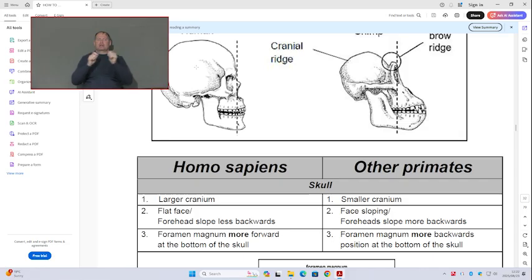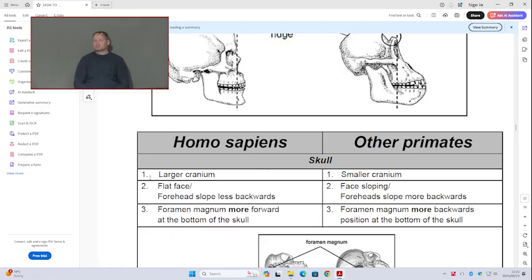Should we give that a mark, even though it's correct? We can't. Why? Because you have to give a visible reason. And the brain is not visible. It is the cranium that is visible. Am I making sense? Yes.